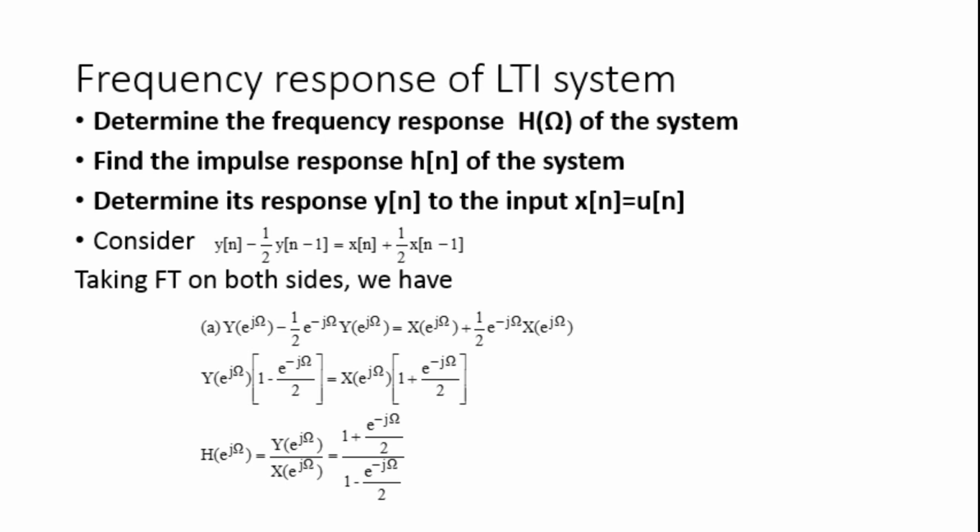Then H of e power j omega is equal to Y of e power j omega divided by X of e power j omega, which is equal to 1 plus e power minus j omega divided by 2 divided by 1 minus e power minus j omega divided by 2.